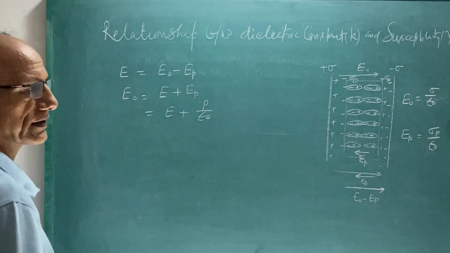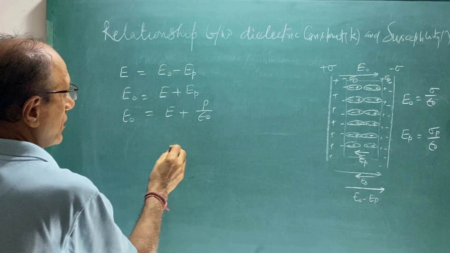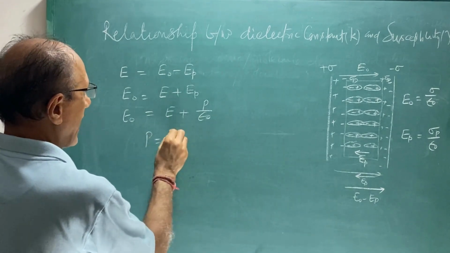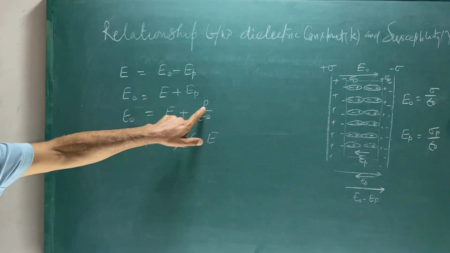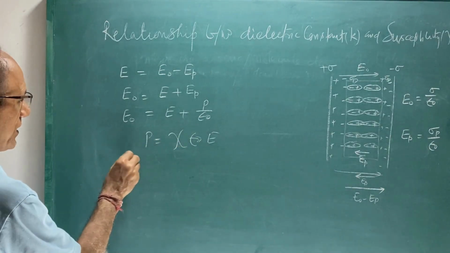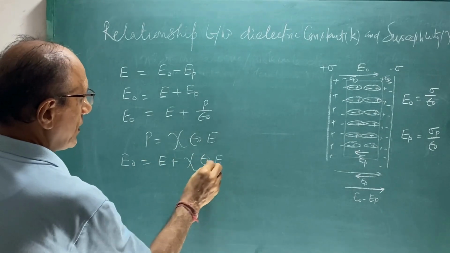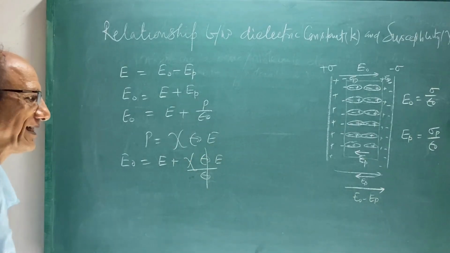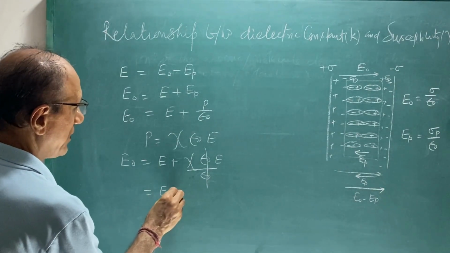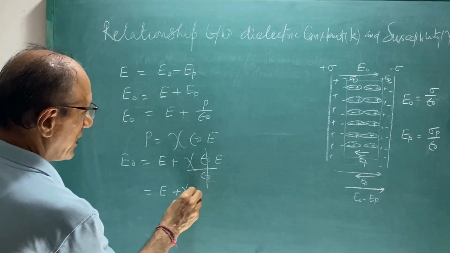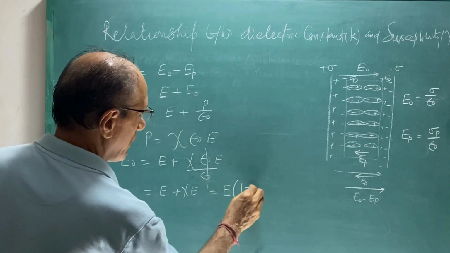As in case of this polarization vector, we know that this P was chi epsilon naught E. So by replacing this P with this, we get E naught equals E plus chi epsilon naught E upon epsilon naught. So this epsilon will cancel out. So what we get? We get E plus chi E. That means here we have E into 1 plus chi.